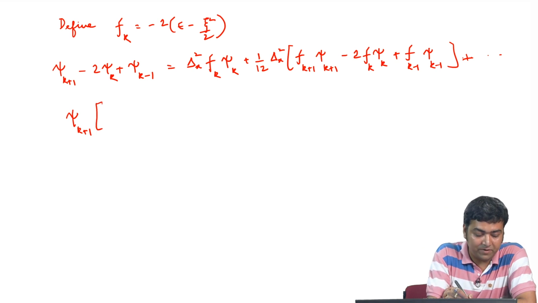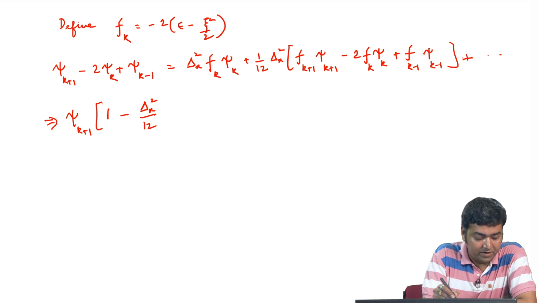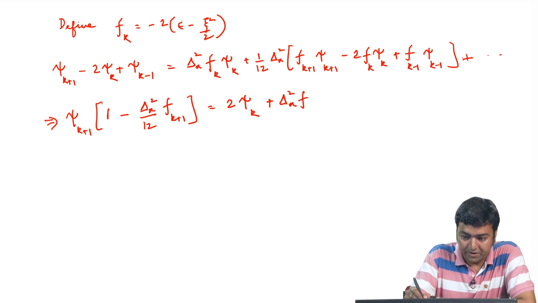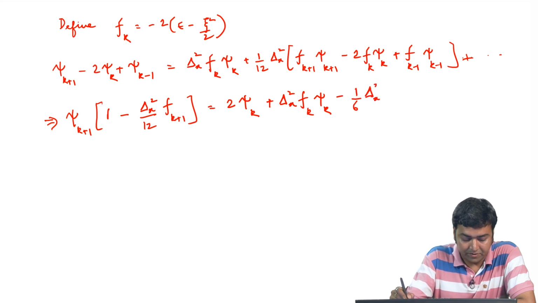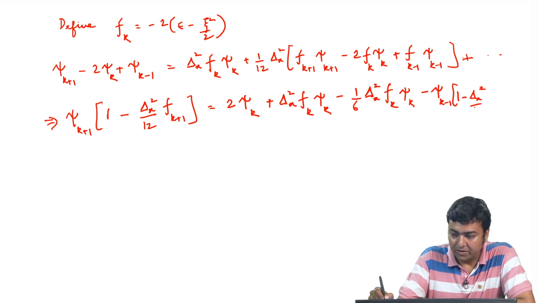If I do the algebra, the above equation I can rewrite in the following form: psi k plus 1 into 1 minus del x square by 12 f k plus 1 equals twice psi k plus del x square by 6 f k psi k minus psi k minus 1 into 1 minus del x square by 12 f k minus 1.